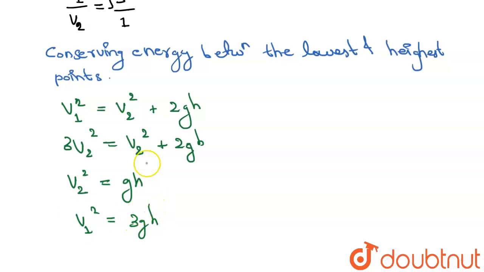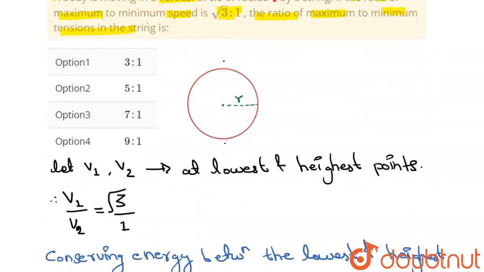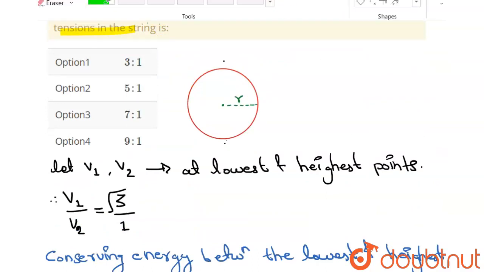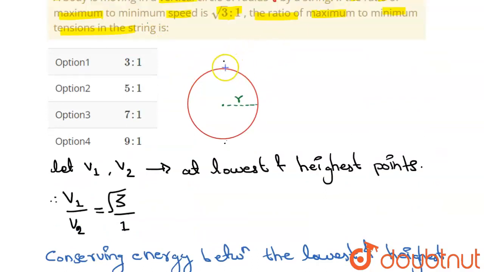Now h is the distance between the lowest and the highest point, that is 2r, of course. That means, let me show you, this distance, this is h, that is equals to 2r.